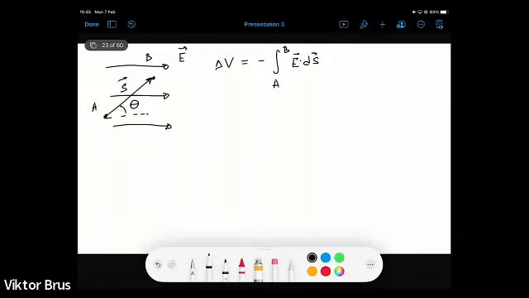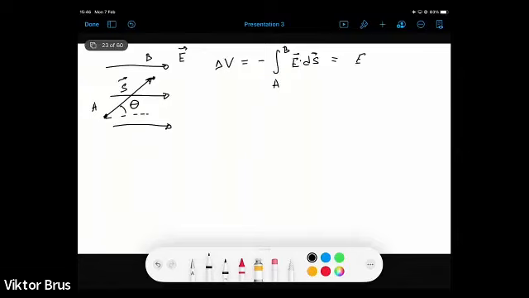Here we have a scalar product, don't forget about this. So we need to take into account their orientation, assuming that the electric field vector is constant.